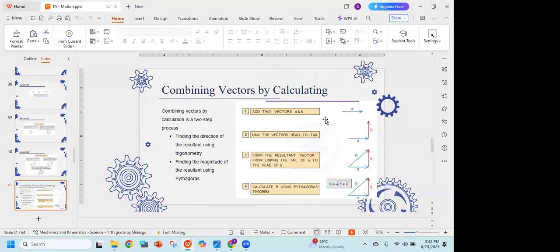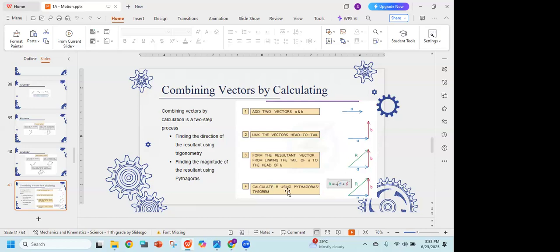First, you are given two vectors A and B. Can you see here? We are going to link them head to tail. Can you see they are given perpendicular? One is vertical, one is horizontal, so it's easy for us to make a 90-degree angle. Then, like the normal method, you connect the two ends.